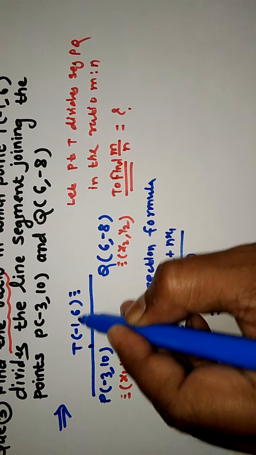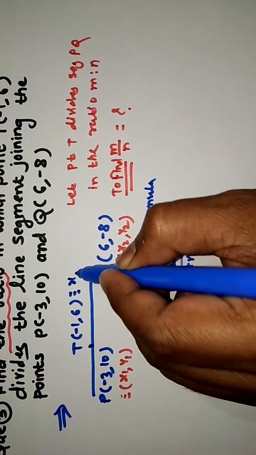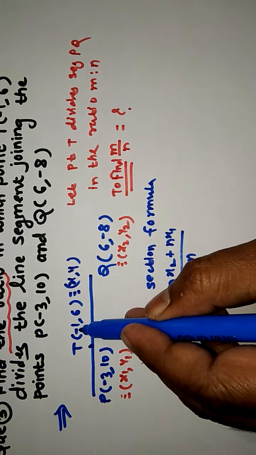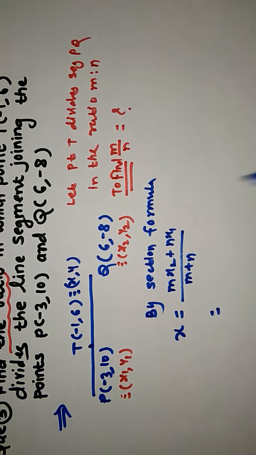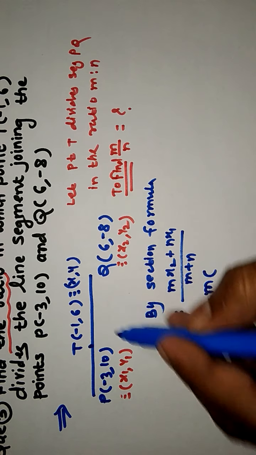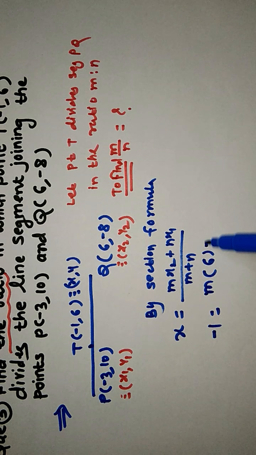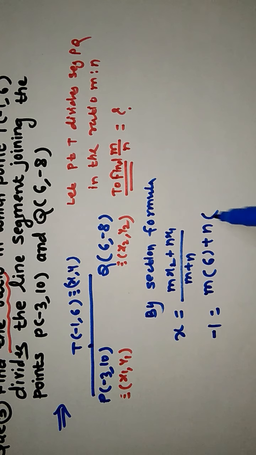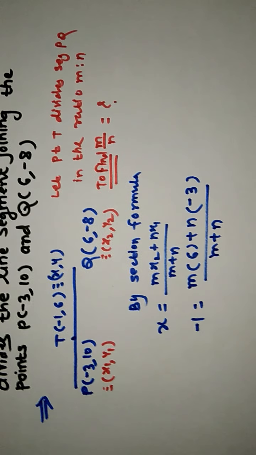See here, T(minus 1, 6) has coordinates respectively. We denote x means minus 1 and y means 6. See here, x means minus 1, m times x2 means 6, plus n into x1 means minus 3, divided by m plus n.